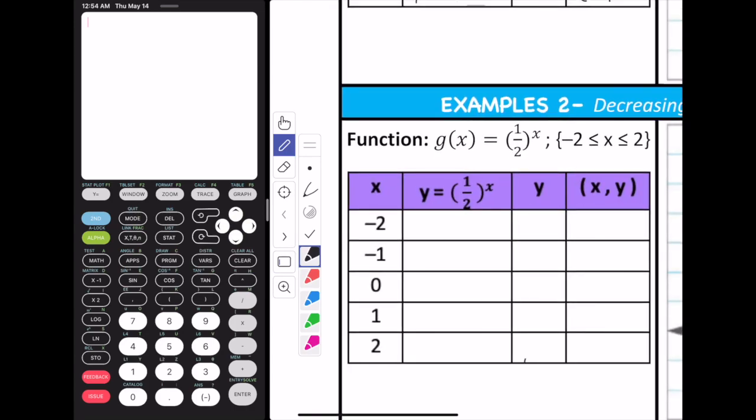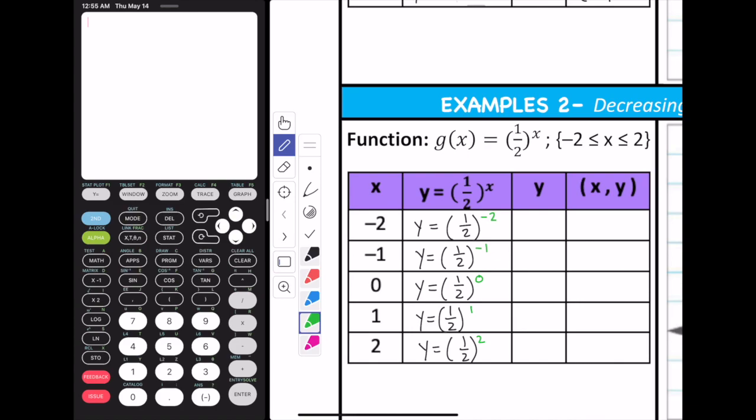So like the first example, I'm going to rewrite this function and substitute the x value in where I see x in the equation. And I'm going to do that for all of these. So I just wrote all of them in this column because I was writing the exact same equation, just substituting in different x values.